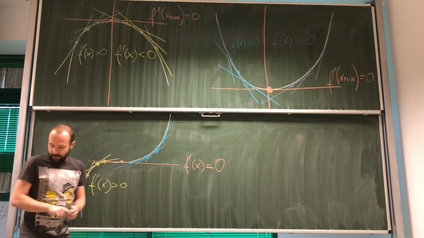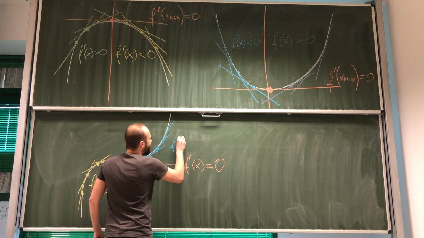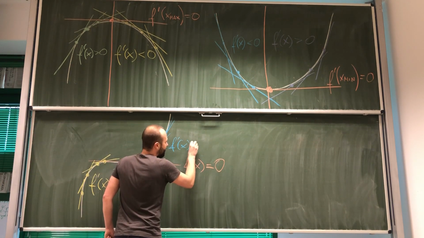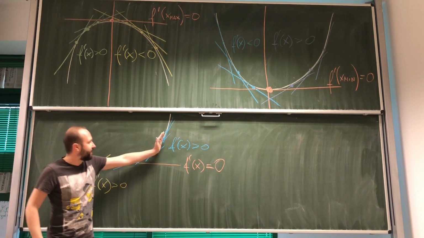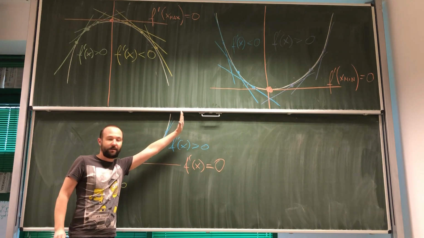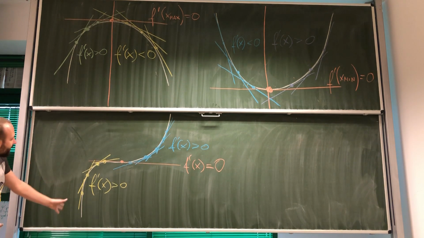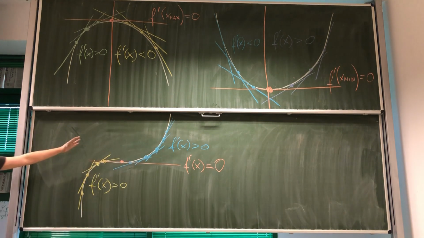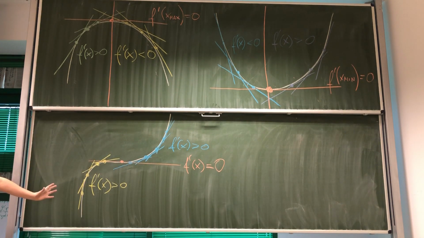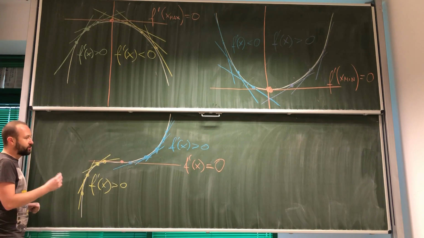And then, over there, it's still positive, but now it's not only positive, it's also increasing because it's getting higher and higher. In case of this point, you see, we again will have to use the information of what is happening around the point where the derivative is equal to 0.